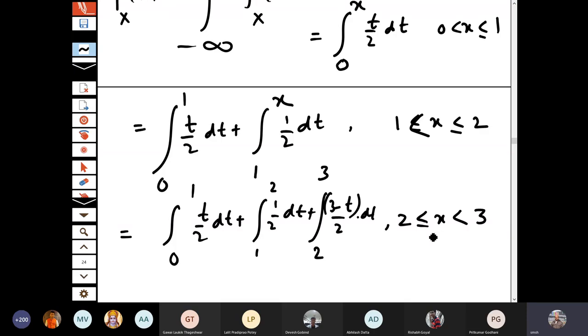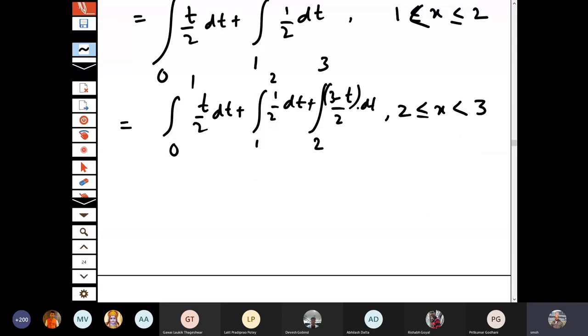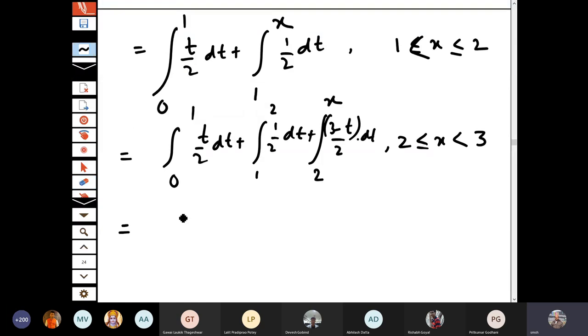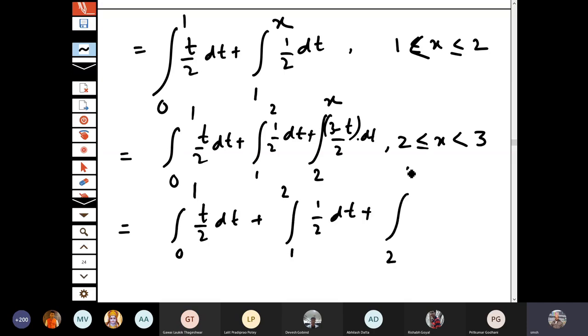And thereafter, sorry, this is 2 to x. And it is equal to the integral 0 to 1 of t by 2 dt plus 1 to 2 of half dt plus 2 to 3 of (3 minus t) by 2 dt for x greater than or equal to 3.